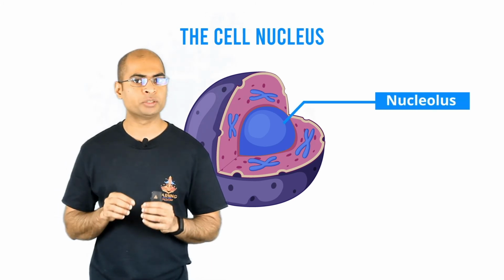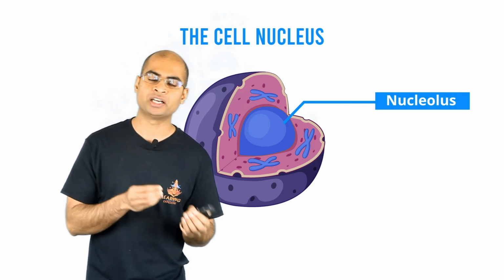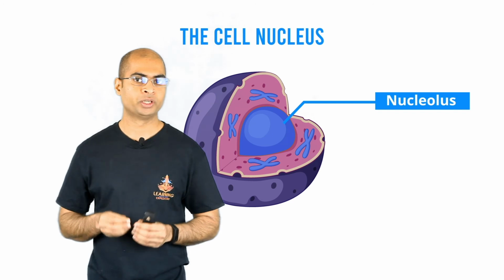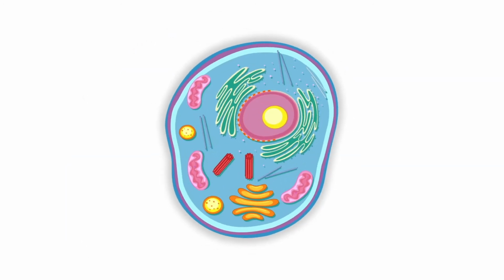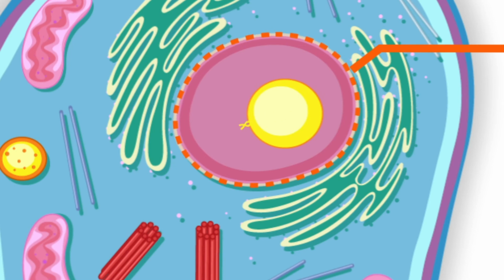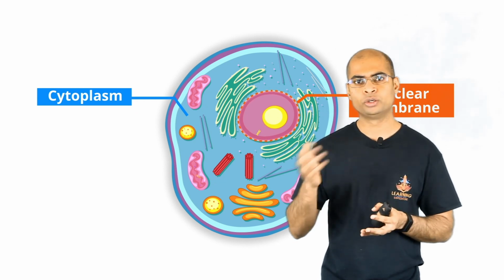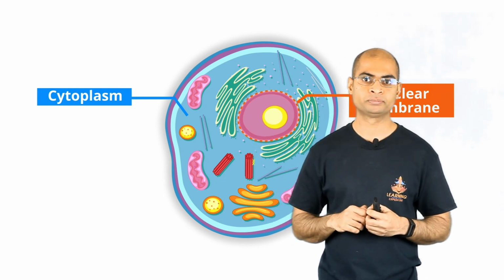This is responsible to extract only the specific instructions that are needed by the given cell. This then leaves the nucleus through small pores in the nuclear membrane and into the cytoplasm, where it is then used by other components of the cell to perform their function.